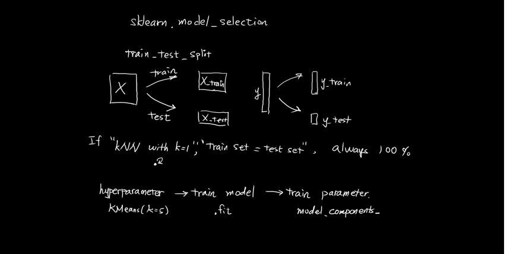And the third point I want to make is basically some pros and cons for kNN. Pros means the good points. For kNN, the idea is very straightforward. You know what it is doing, right?